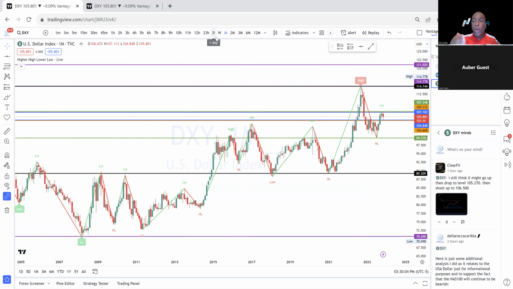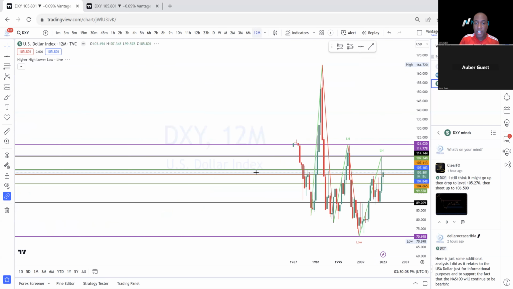Now, what that means is if the market is coming from a low and the concept remains low to high, if it hit that low and it's working itself up to make that high, naturally every time frame below this 12-month time frame is supposed to be making higher lows, higher highs.